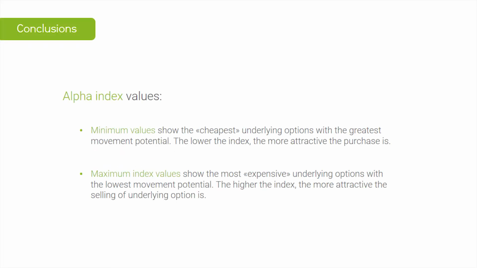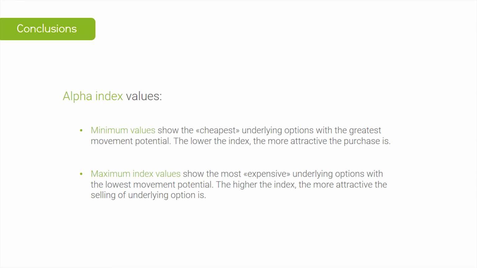Alpha index values ranging from 0.75 and lower indicate the attractiveness of purchases, and you can find very interesting opportunities for entering the market. Opposite index values ranging from 2.5 and higher indicate the attractiveness of short positions.